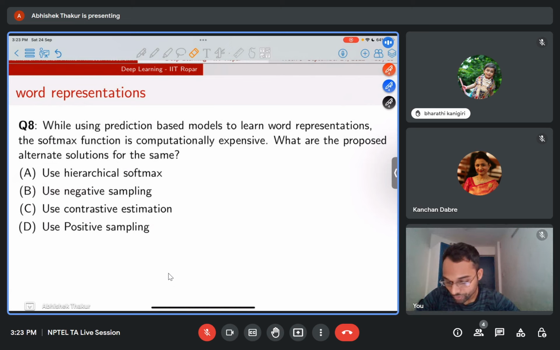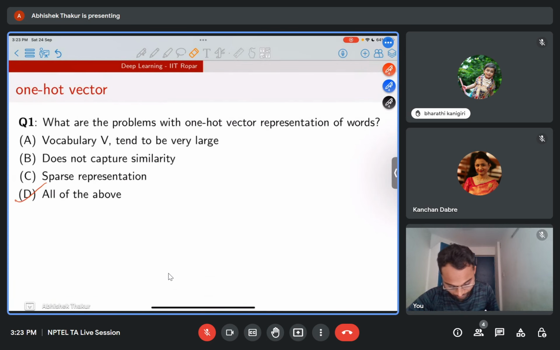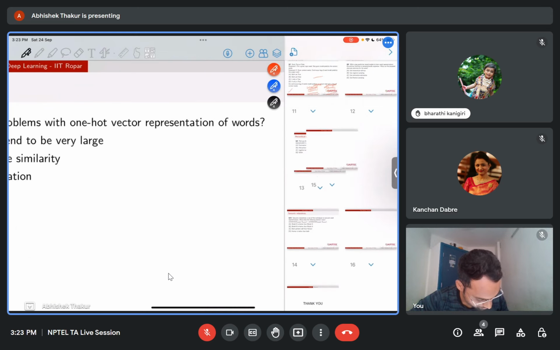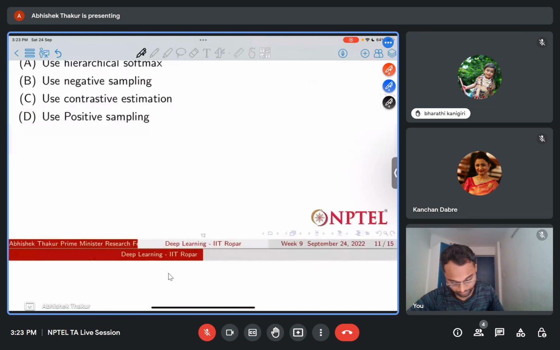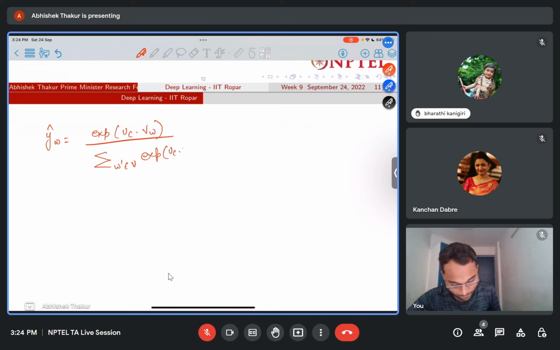As we know, when we are using the softmax function, the prediction is given as y hat w equal to exponential of uc dot v w, that is the probability that the word occurs with that context, divided by the summation over all the words with that context.